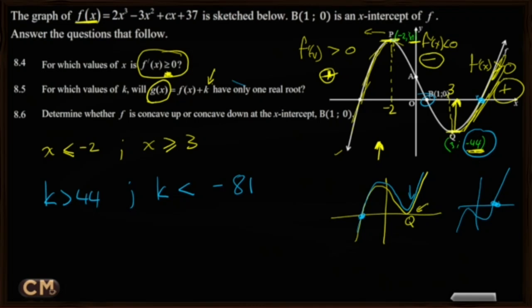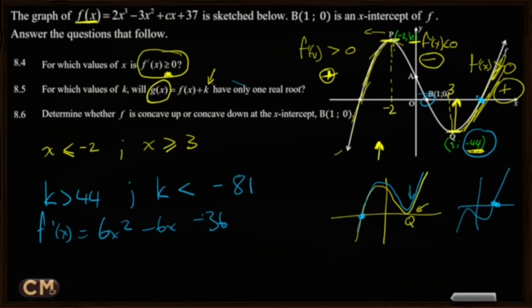So for that, we have to remember that f prime of x was equal to, what was f prime of x equal to? f prime of x was equal to 6x squared minus 6x minus 36. So what happens over there? Well, nothing really for this question.